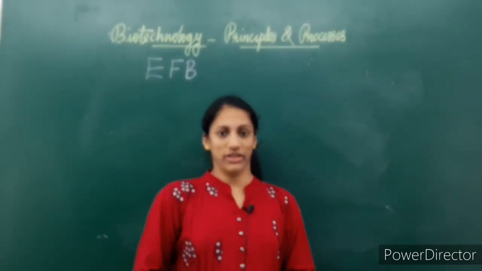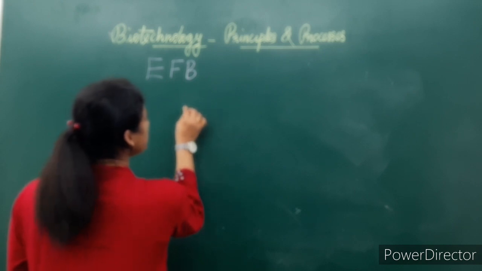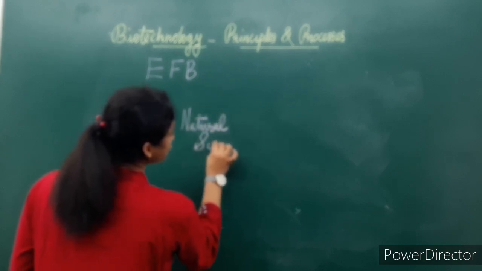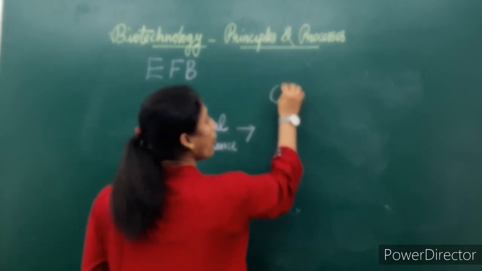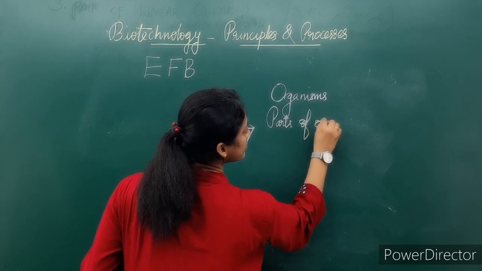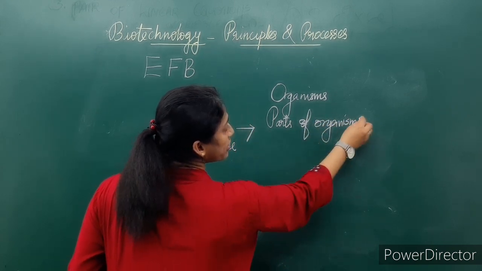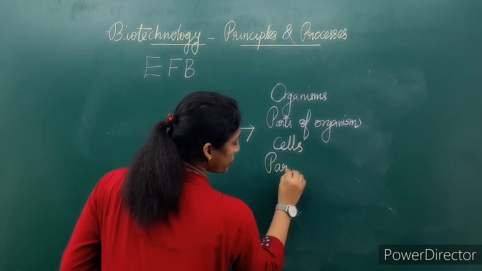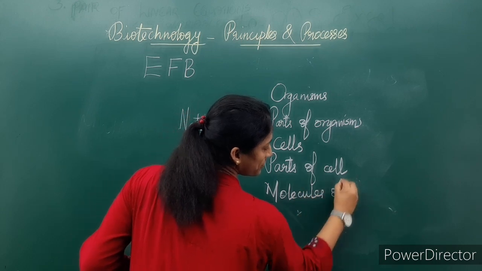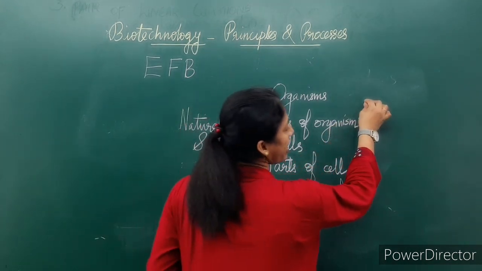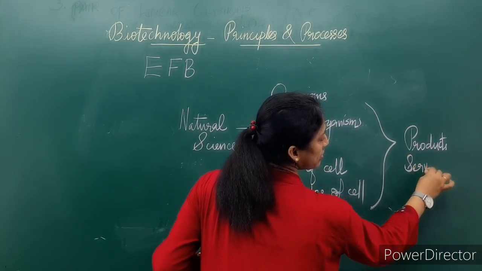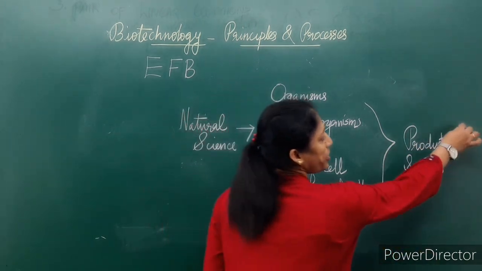The European Federation of Biotechnology, EFB, has defined biotechnology as an integration of natural science with organisms, or parts of organisms, or their cells or parts of cells, or even molecular analogues of the cells, in order to derive benefits, products or services. Products or services. So what do you mean by this definition?